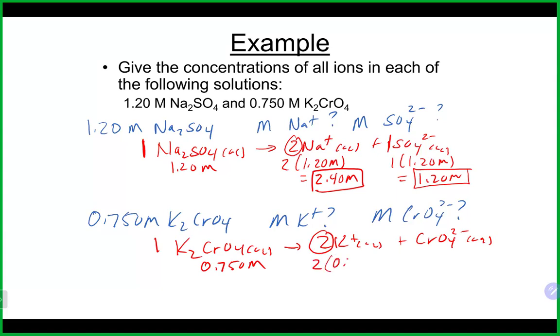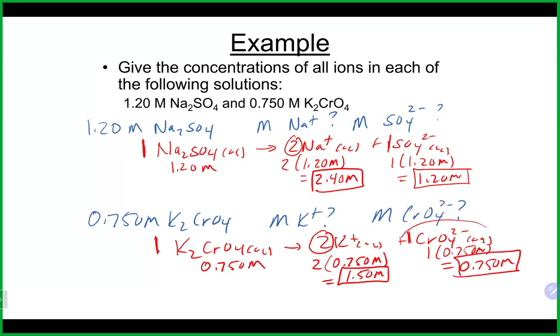So we're going to take 2 times our 0.75 molar, which means for our potassium floating around in there, we have about 1.5 molar concentration. It is a 1-to-1 relationship between that and the chromate, and we would just multiply 1 times 0.75 molar, giving us 0.75 molar of our chromate floating around.